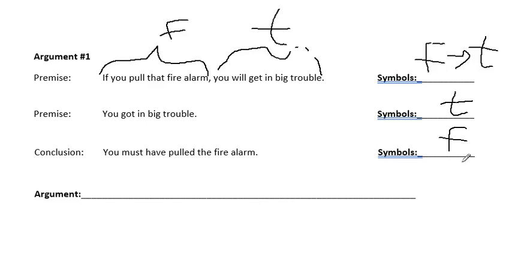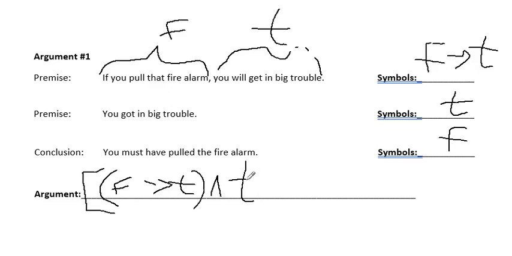So basically, does premise 1, F implies T, and premise 2, T, imply the conclusion F? That's the argument.